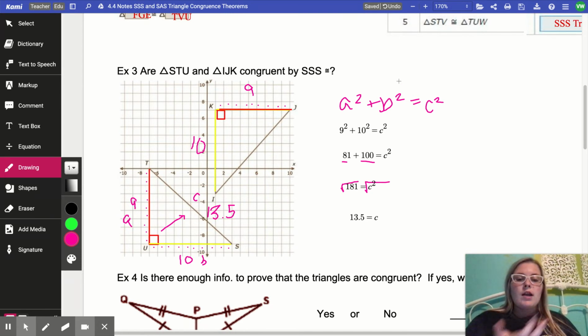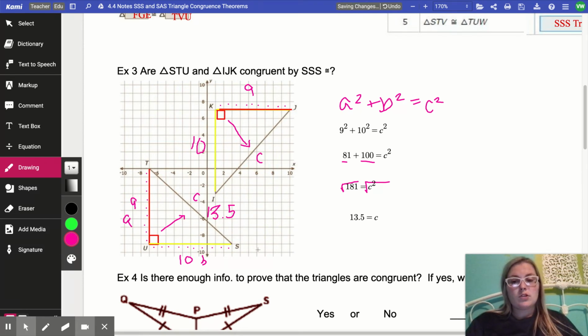So I don't have to do the Pythagorean theorem all over again. I know that these are my two sides, and the side across from my 90-degree angle is my c value. So I'd be setting up the same exact equation to solve for a number that I've already found. So this side's also going to be 13.5.